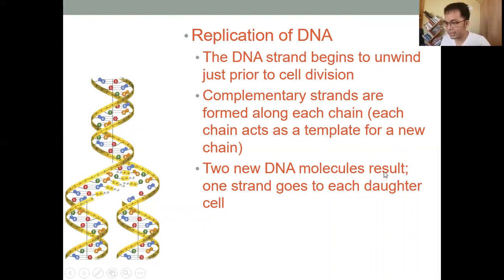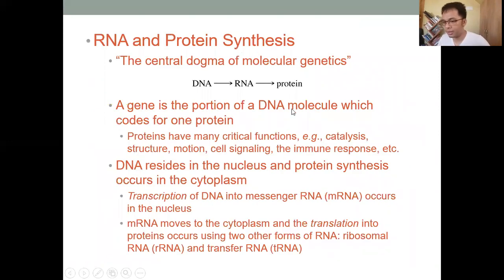Okay, punta tayo dito sa central dogma of molecular biology. The DNA will be converted into RNA through transcription, and then RNA will be translated into protein through translation natin. Okay, ang portion ng DNA molecule natin which codes for one protein is called a gene.